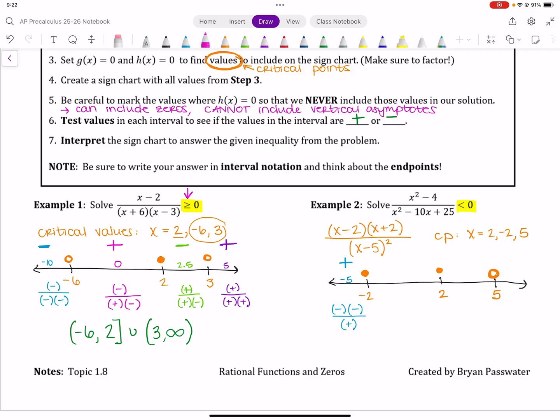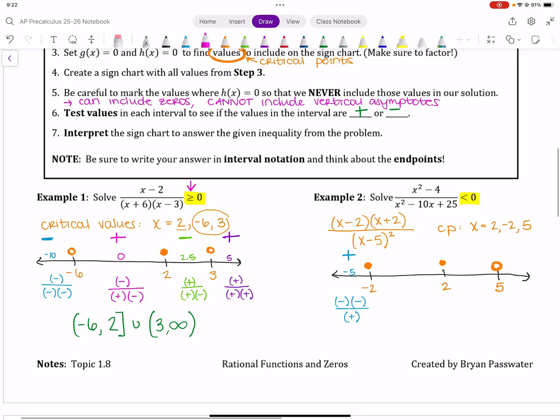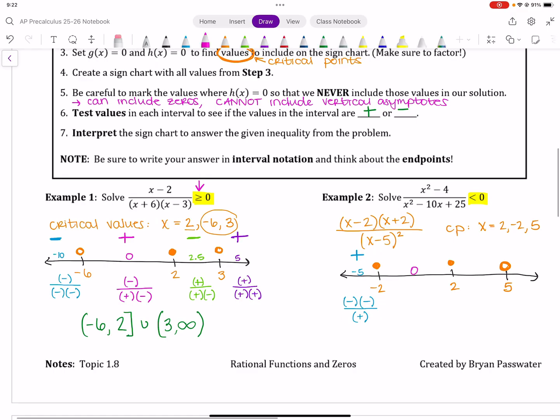Then our next interval, -2 to 2, we can test 0. So 0 minus 2 will give us a negative, 0 plus 2 will be a positive, and our denominator is always positive because it is squared. And because we have an odd number of negatives, that interval will end up being below the x-axis.